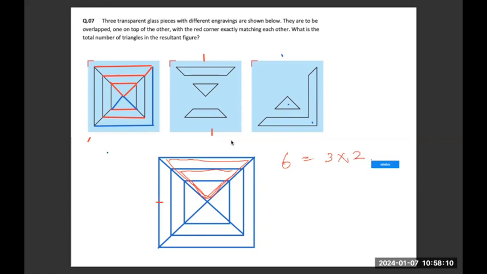On the other 2 quadrants, I get 1 and 2, and 1 and 2 likewise. So I get 2 multiplied by 2, 4.